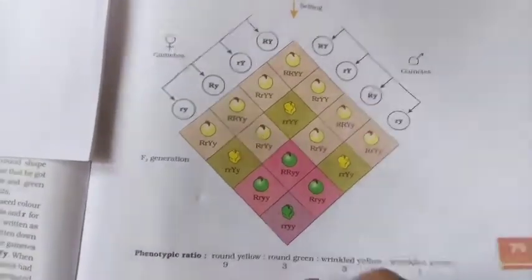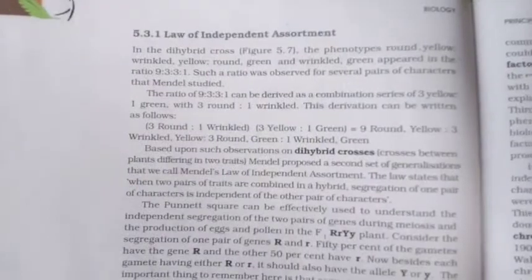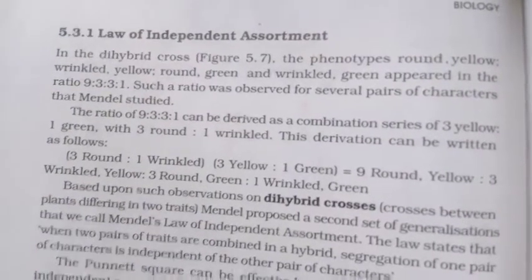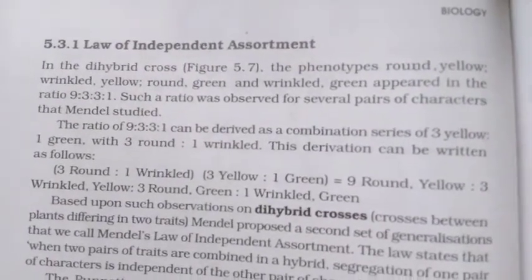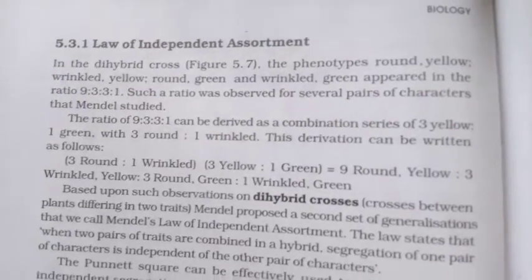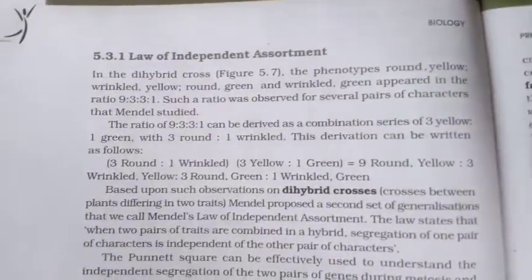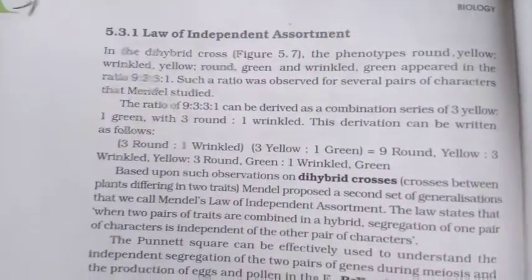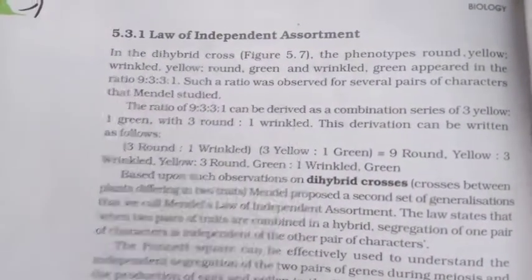Now we will study the law of independent assortment, which is also based on the dihybrid cross. As we have already seen, the phenotypes round yellow, wrinkled yellow, round green, and wrinkled green appeared in the ratio of 9:3:3:1. Such a ratio was observed for several pairs of characters that Mendel studied.